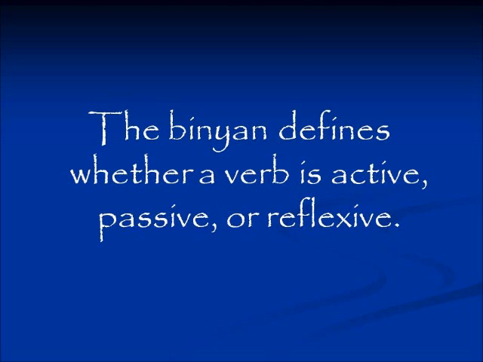We have three active binyanim: pa'al, piel, and hifil. We have three passive binyanim: nifal, pual, and hofal. We have one reflexive binyan, hitpa'el. And when we look at the conjugation of any verb, because each one conjugates slightly differently, that is how the vowels are put in there, then when we look at the verb, we can see, is it active, passive, or reflexive?